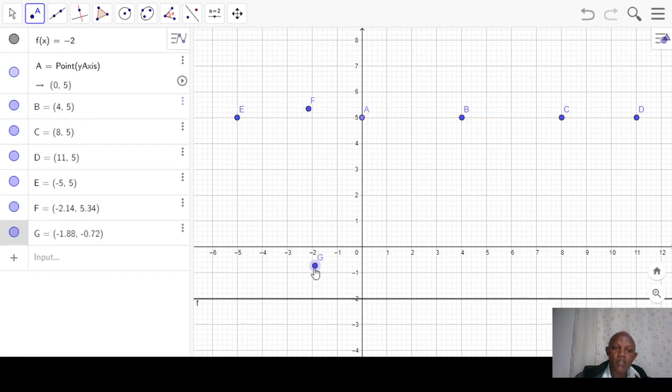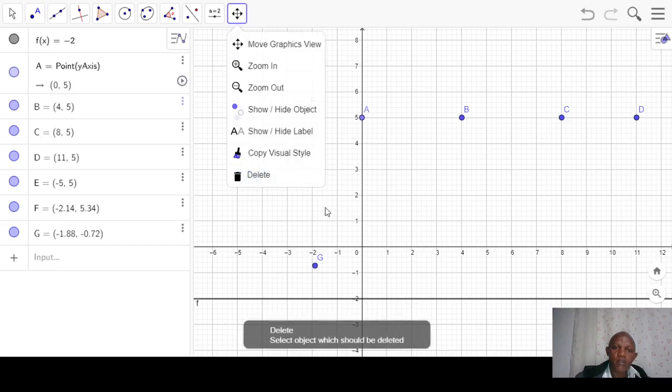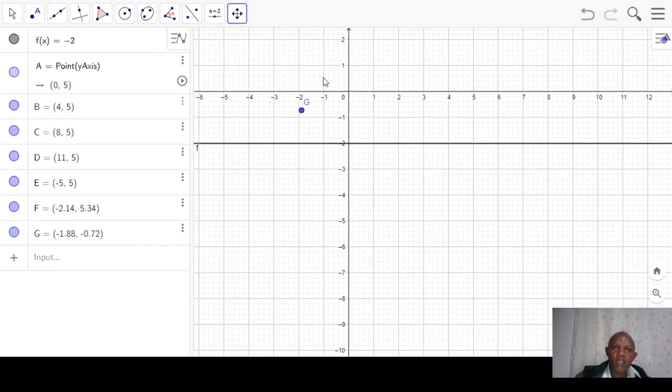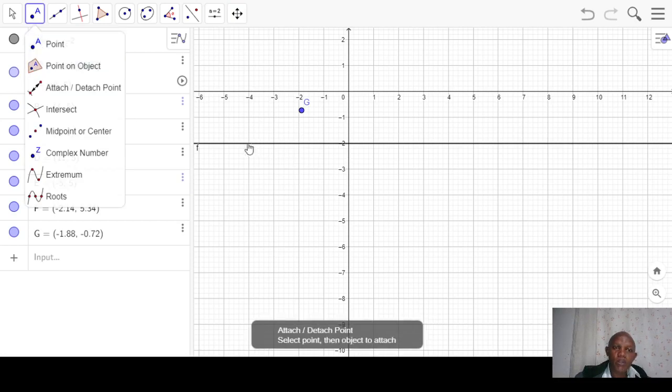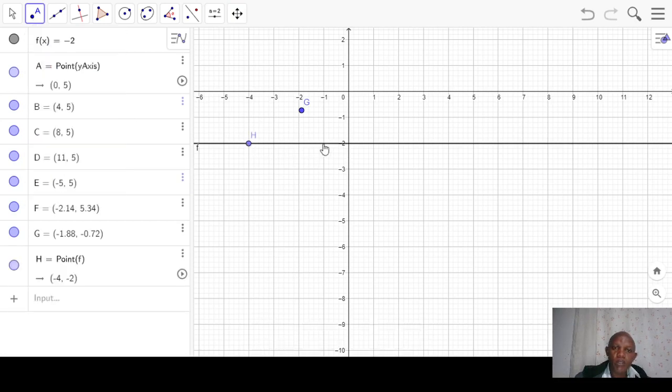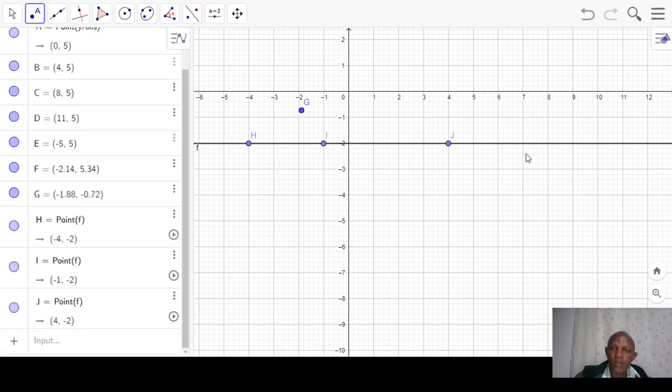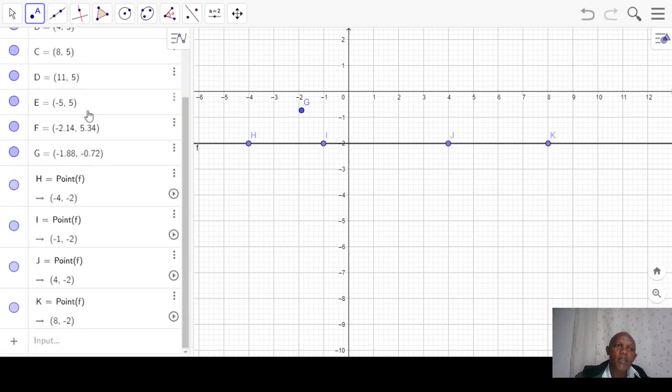So any point along this line, the value of y will be 2, and so the horizontal line has a constant value of y.